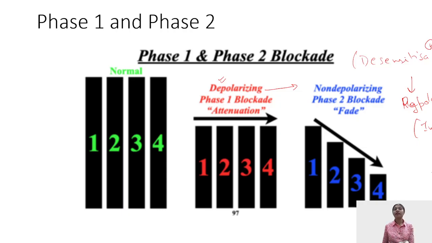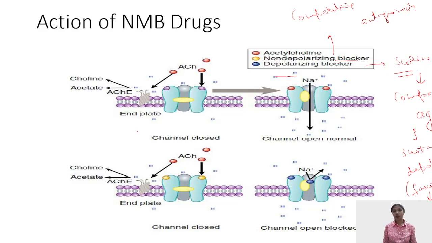The depolarizing drugs are going to behave like non-depolarizing drugs, because when we talk about neuromuscular monitoring, the phase 1, phase 2 and non-depolarizing drugs, these three act differently from each other. Now coming over to the non-depolarizing blockers. As already told, they're competitive antagonists.